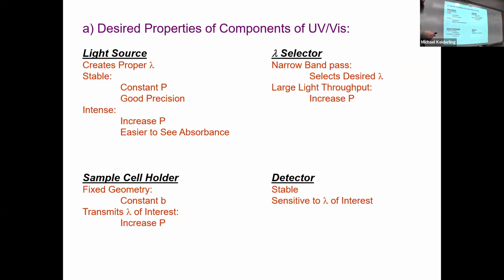Your wavelength selector, you have two contrasting goals. You'd like to have a very narrow band pass. You'd like to very precisely choose the wavelength you want. But you also want to let a lot of light through to increase your input power. But this is a trade-off.